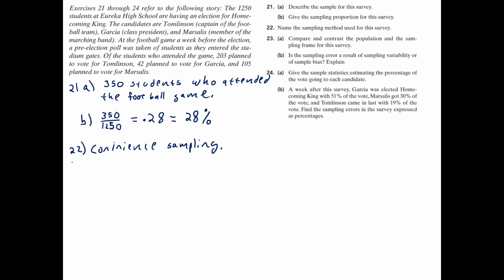Okay, so 23. Compare and contrast the population and the sampling frame for this survey. So the population is the 1,250 students.